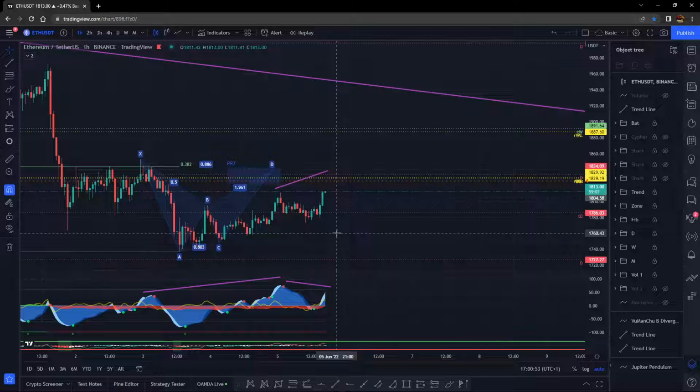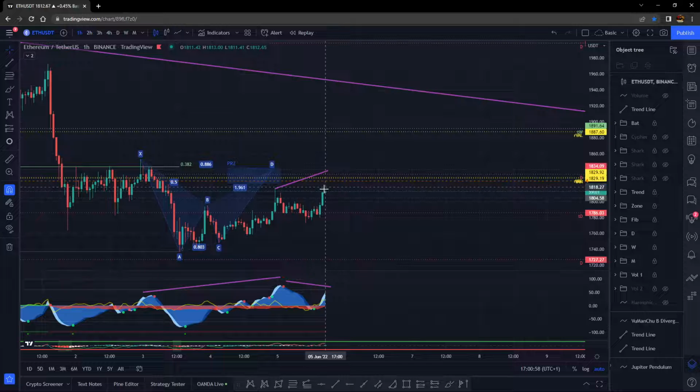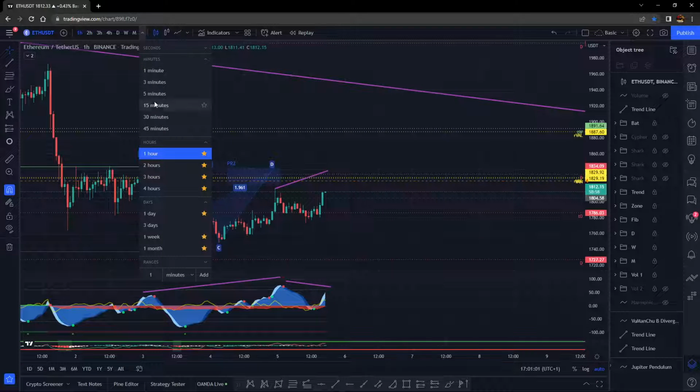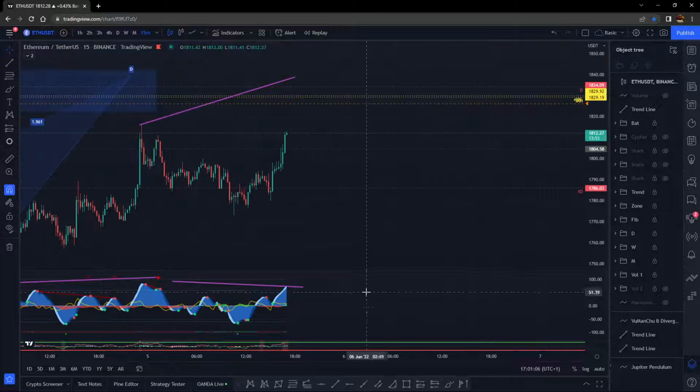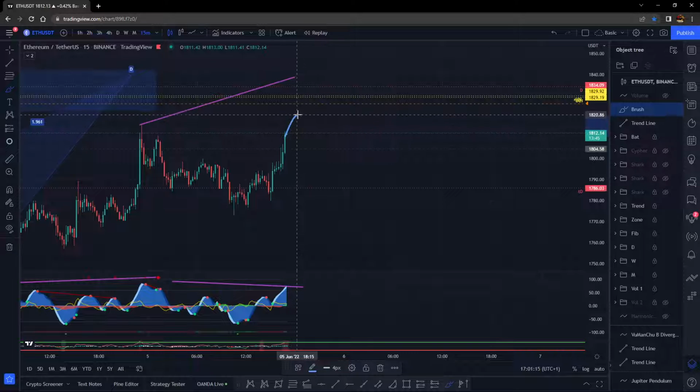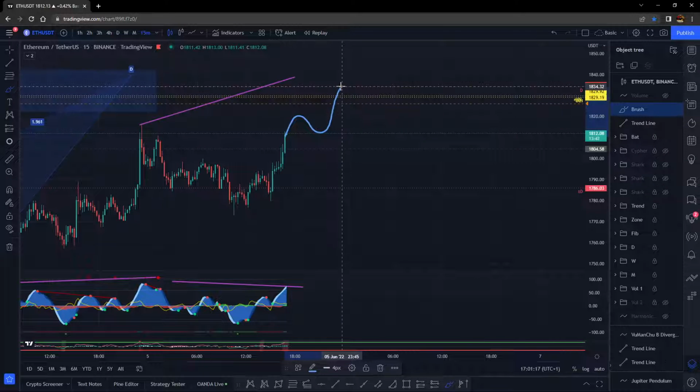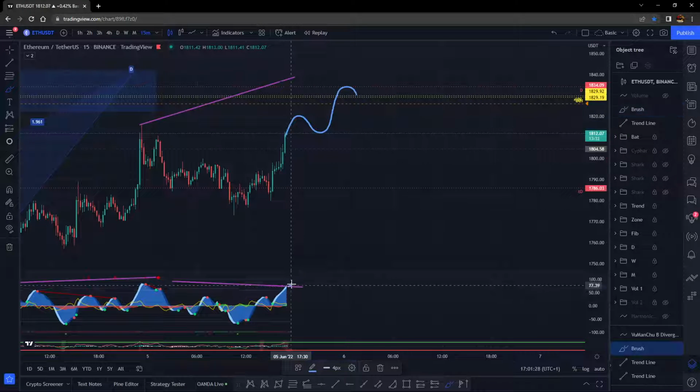So what I'd look for now is you want to see divergence on this move up. So maybe go onto the 15-minute. We don't have it yet, but what you'd want to see is a move up, move down, move up, like that. But on this oscillator, RSI or anything you're using, you'd want to see this and this.